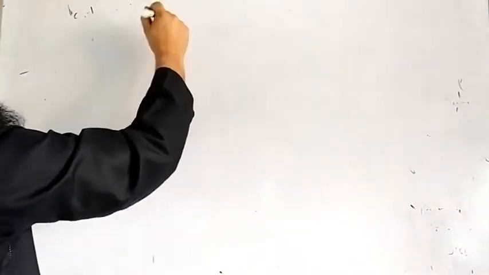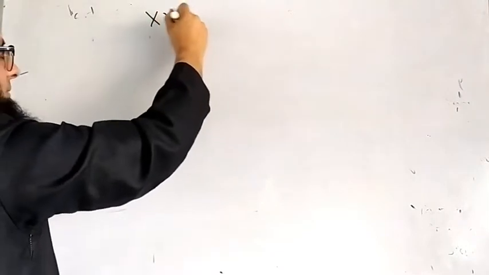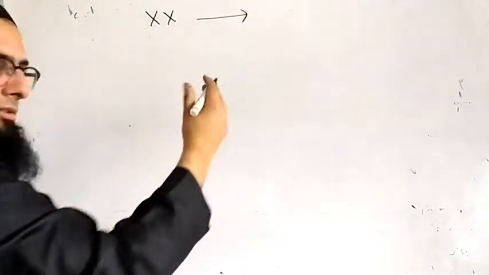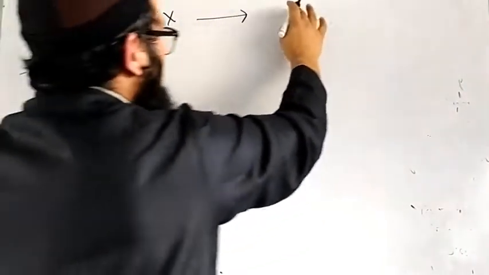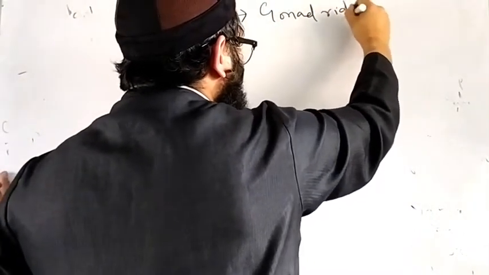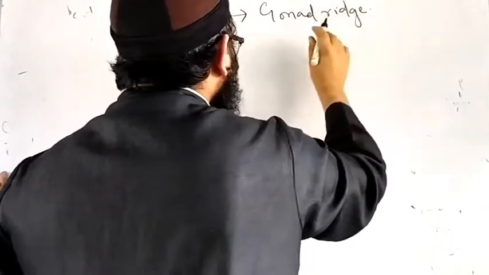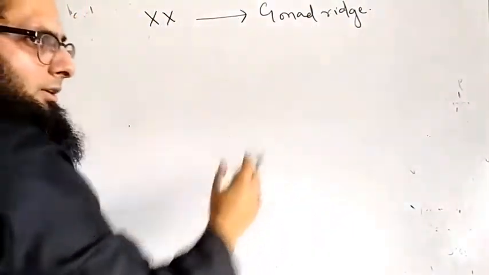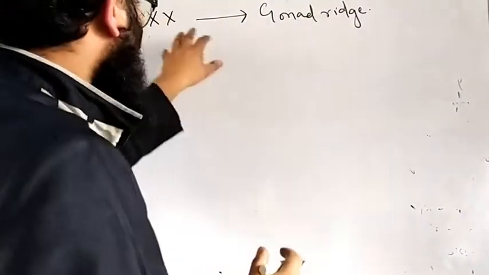In the case of females, when XX primordial germ cells invade the gonadal ridge, what will happen? Let us see.